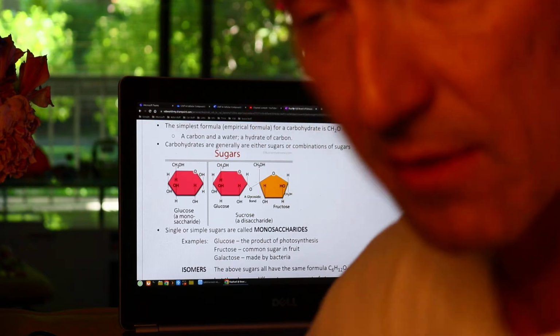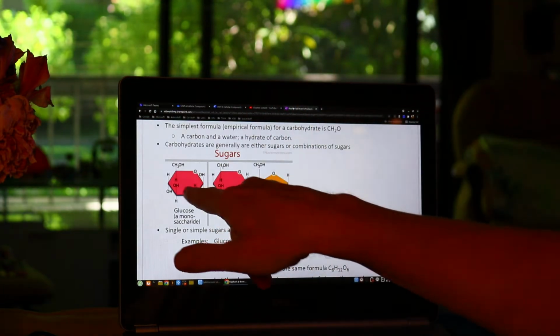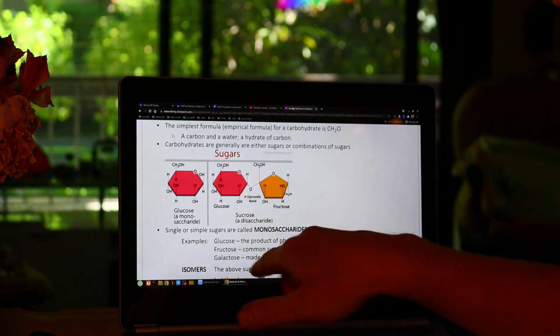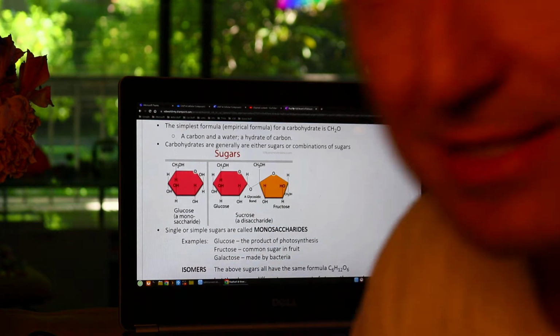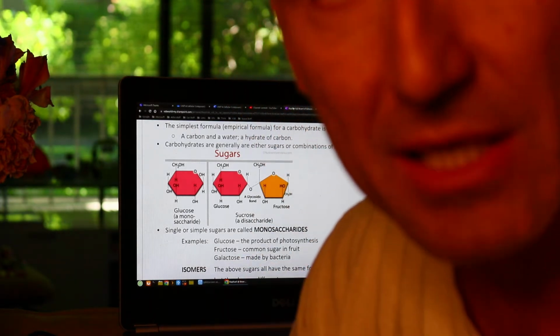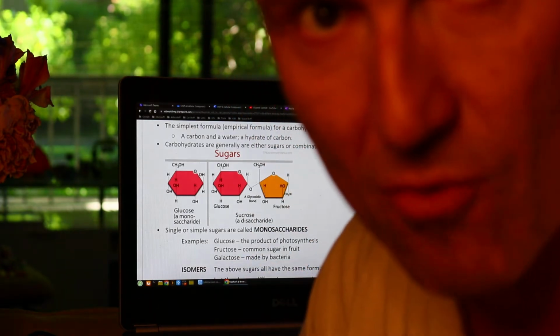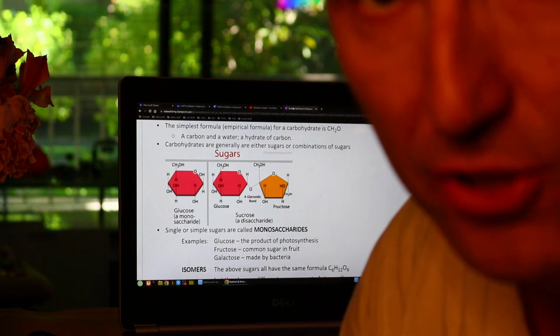Remember dehydration synthesis. If you stitch 2 monomers together, 2 glucose together, you will get a disaccharide. Di means 2. So your monosaccharide is 1, disaccharide is 2.